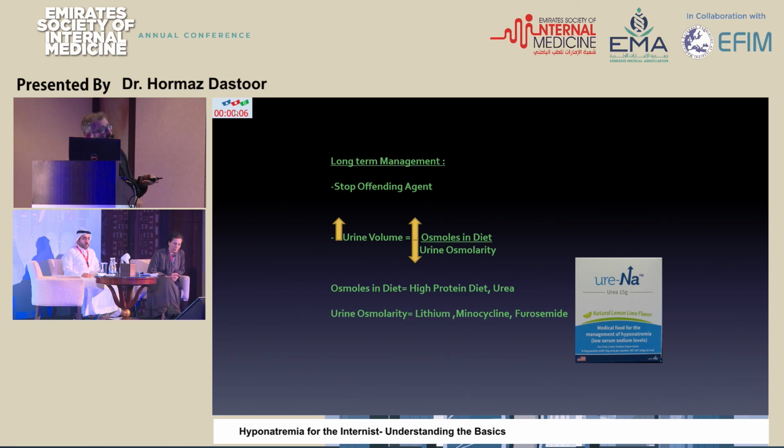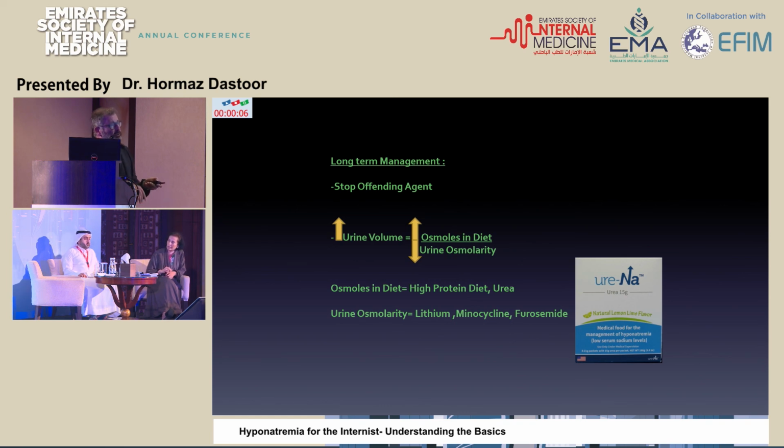So how do you increase the osmoles in the diet? You give the patients a high protein diet, or in some countries you have urea, or you can decrease the urine osmolarity. You can do that by giving them some medications like lithium, minocycline, or furosemide. So if you do these two things, you can increase your free water excretion and the plasma sodium will automatically come up.